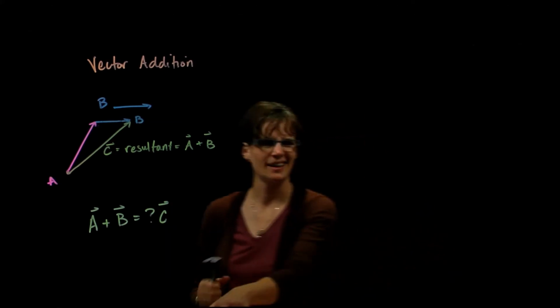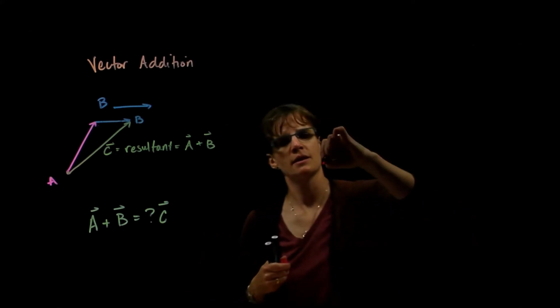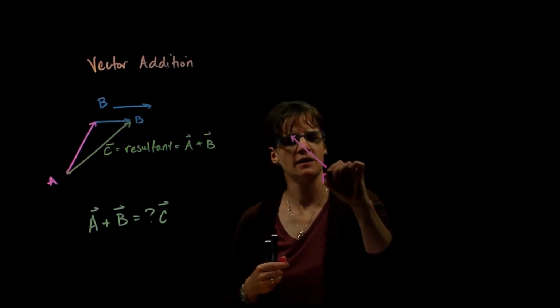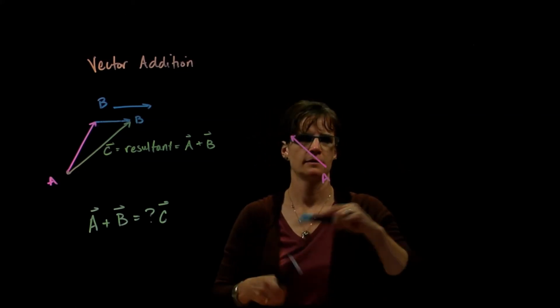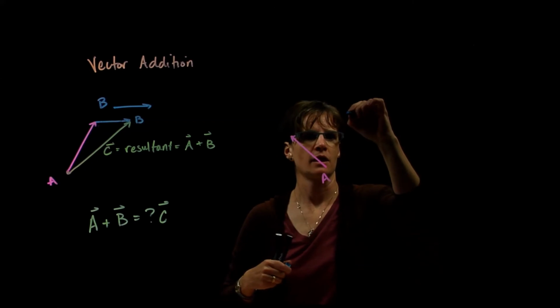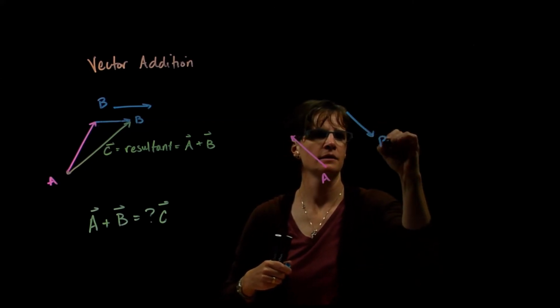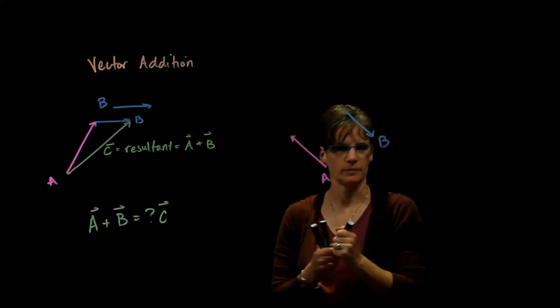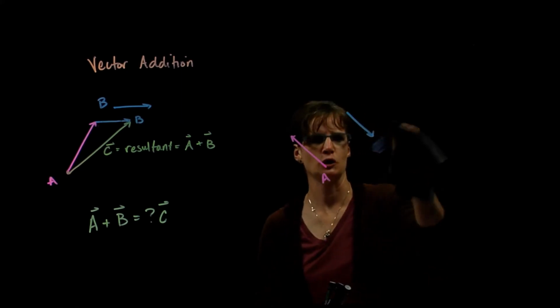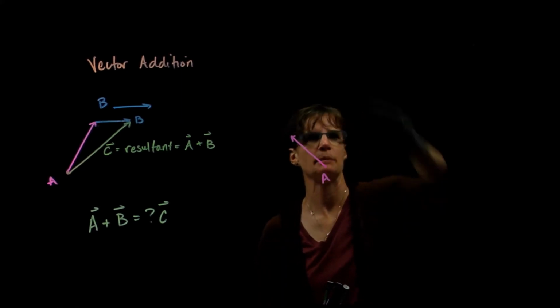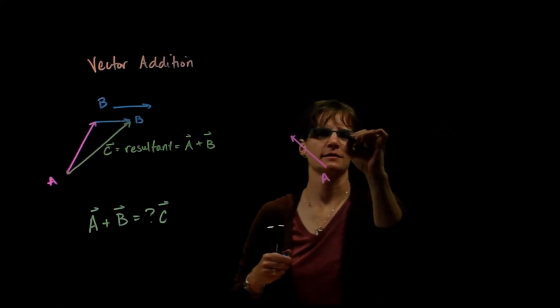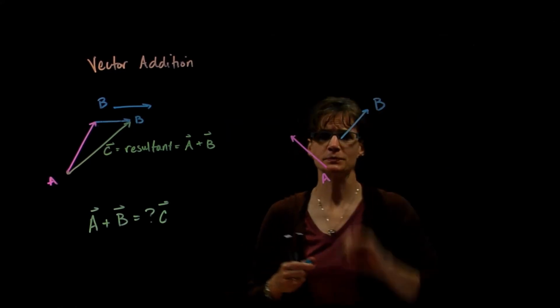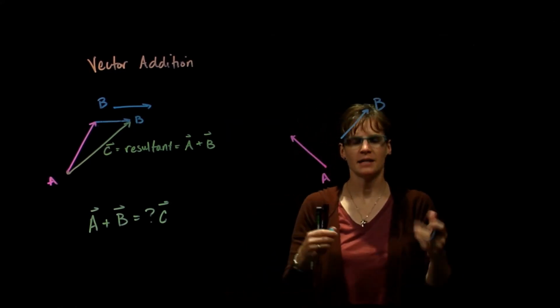So let's just look at that again. We'll pick two more random vectors. Here is our vector A. Here is our vector B. That's not going to be a really good example. I made it way too parallel, so it would be difficult to visualize. Let me pick a different vector. Let's do this. There's my vector B. How do I add vector A to vector B?